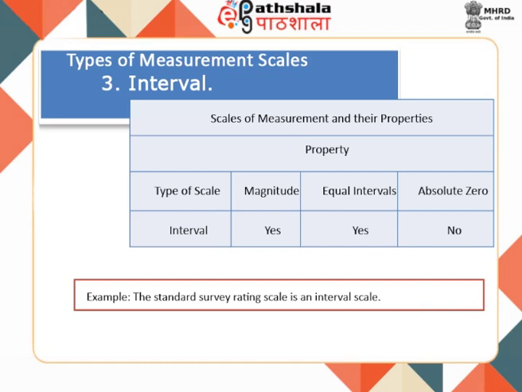Explaining the interval scale in terms of its properties, it has magnitude and equal intervals, but no absolute zero point. Example: the standard survey rating scale is an interval scale. When you are asked to rate your satisfaction with a piece of software on a 7 point scale from dissatisfied to satisfied, you are using an interval scale.